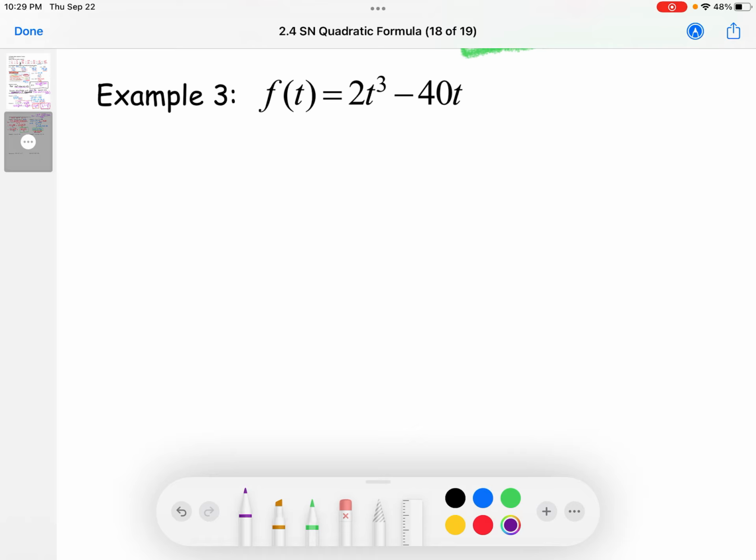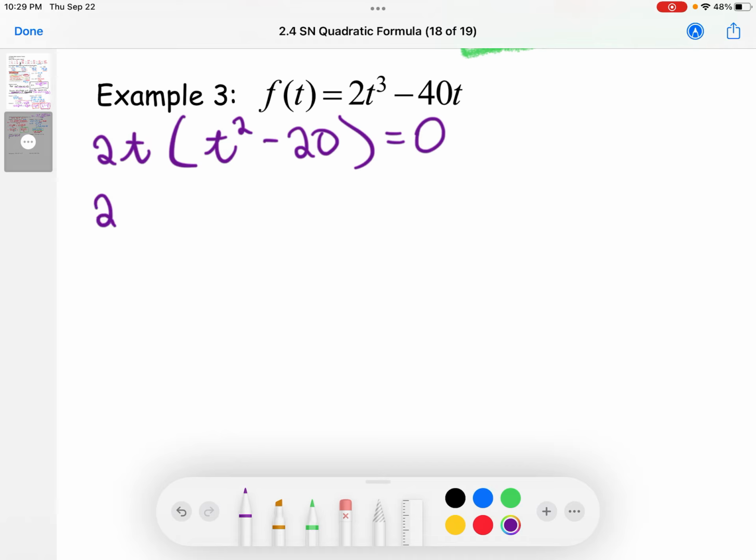It's got a common factor of 2t. So factor out that 2t, and we get t squared minus 20. We're solving this for the zeros. We can factor this one and solve it very similarly to what we did in example 2. So 2t equals 0.